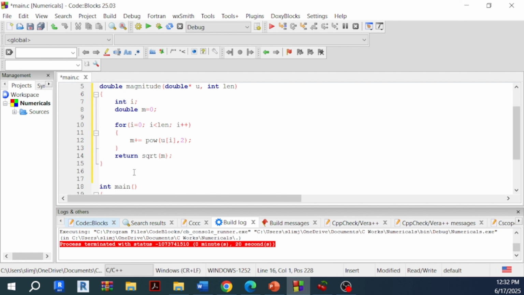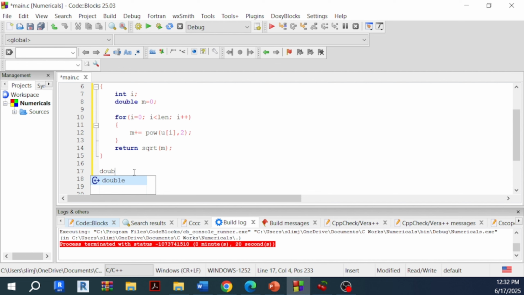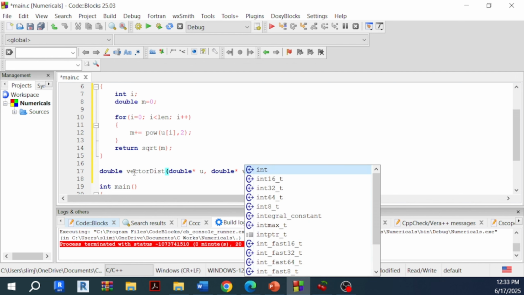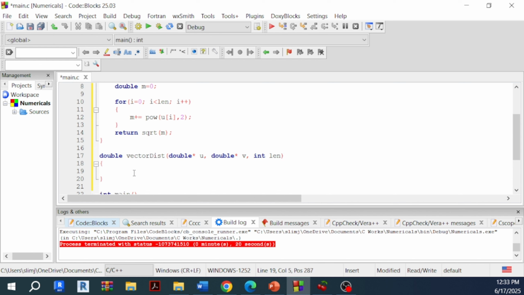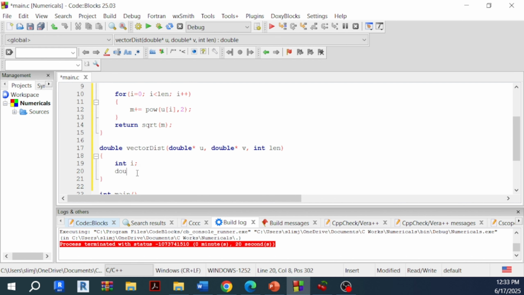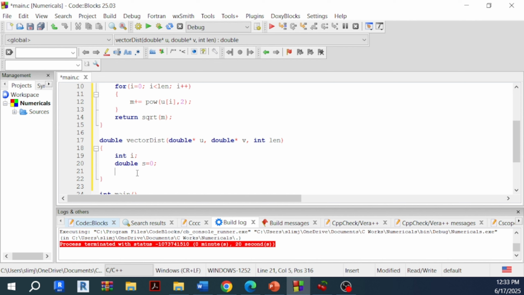Distance between two vectors: double vector dist, double u, double v, and the length. Of course, they need to be of the same length. And double s, the sum that will keep adding up. The same method of getting the magnitude with some change.